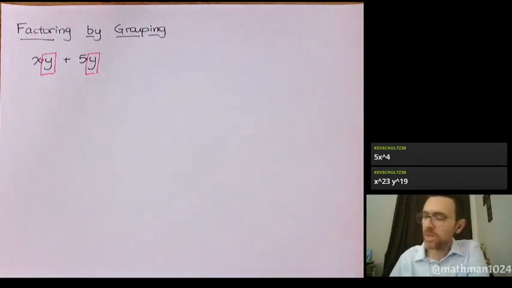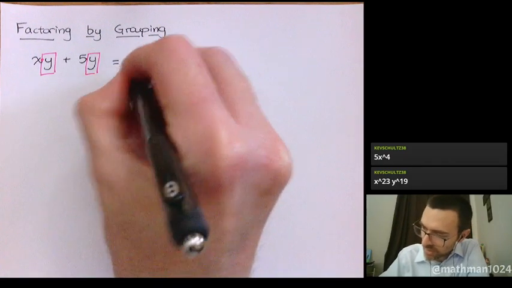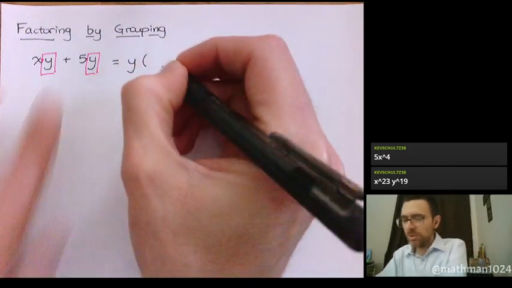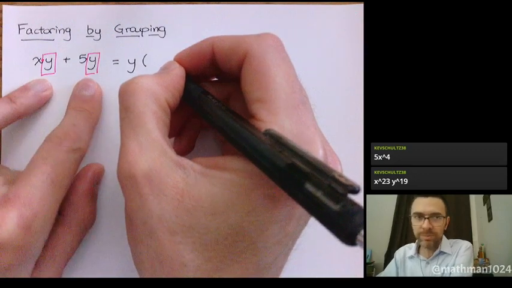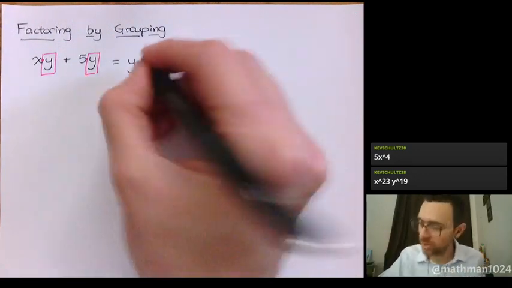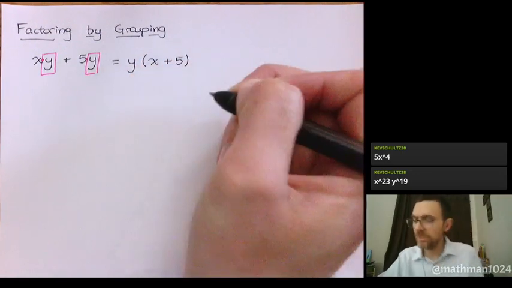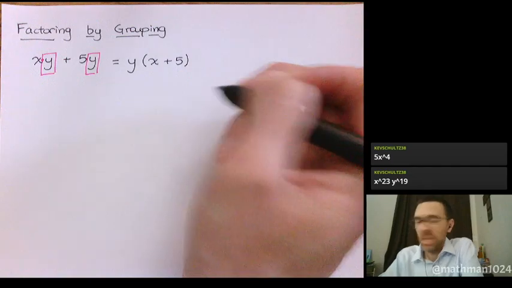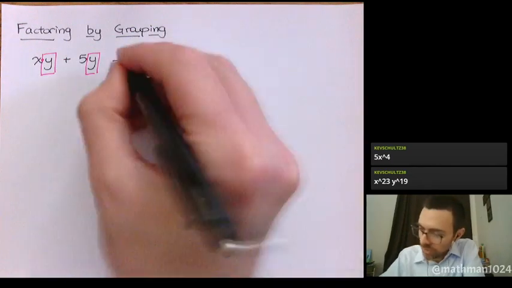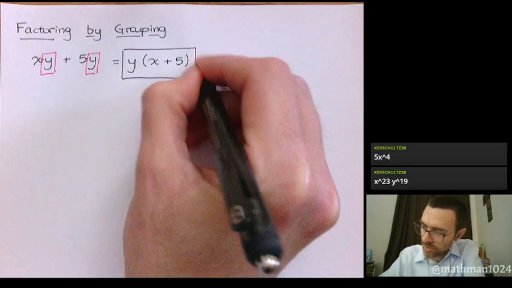So that y is going to be your common factor, and so I just factor it out in front. And then I'm left with the pieces that are left over. So I'm pulling the y away from both of those, and when I do, I'm left with x plus 5. And that's it. This is really the very, very basics of the greatest common factor stuff that we were just doing on the other page.